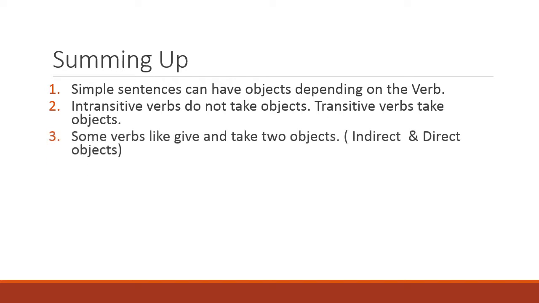Some verbs like give and take can take two objects. So indirect objects and direct objects. Indirect objects are generally the person to whom something is given, and direct objects are generally the things which are given or taken.